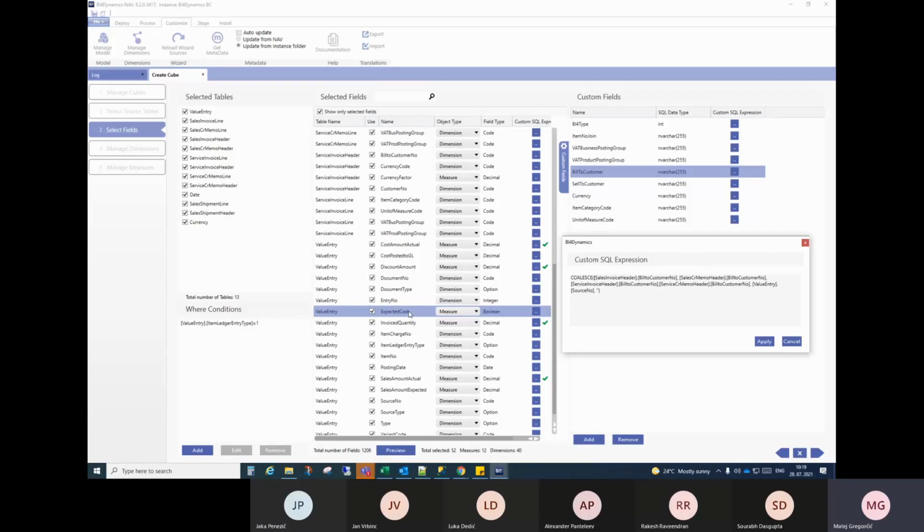All of these tables can contain a bill to customer number. Just in case the customer doesn't have a bill to customer number on the value entry table, but it has it in sales invoice header or sales credit memo, we did a coalesce clause here, which returns the first bill to customer number it finds. If it's from sales invoice header, it returns it from here; otherwise, it looks at other fields as well. So this is a custom field.